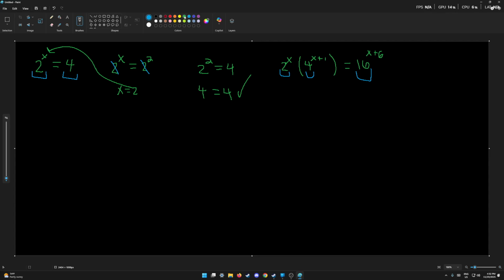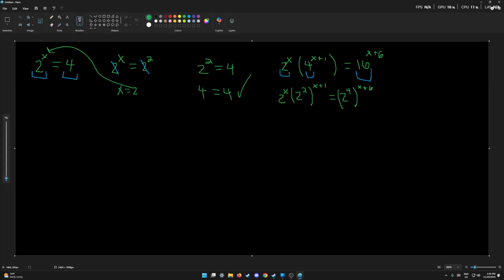So what we're going to do is leave 2 to the x the same, and we're going to change 4 to be 2 squared raised to the x plus 1, and then 16, that'll be 2 to the 4th, I believe, yeah, raised to the x plus 6.